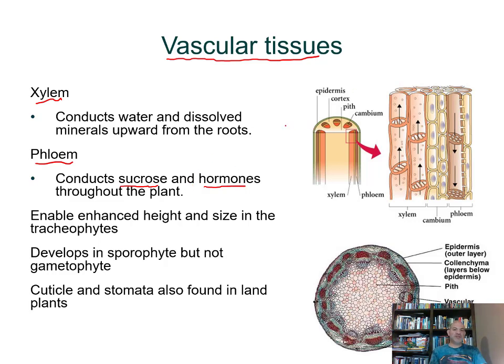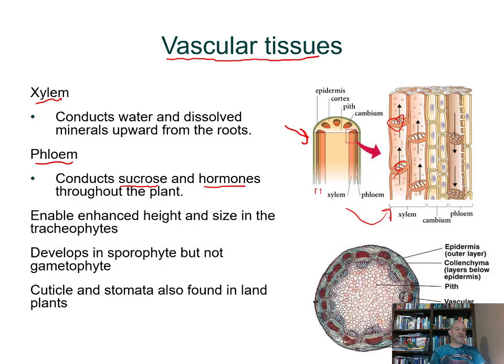So if we look at a cross section through a stem here, you can see some of that vascular tissue in brown and orange. The orange is the xylem, which is typically going to be found, in some of the plants we're going to be studying here, toward the inside of the stem, and towards the outside would be the phloem. The xylem, which is seen here enlarged, is made of special cells that we might call tracheids and vessels.